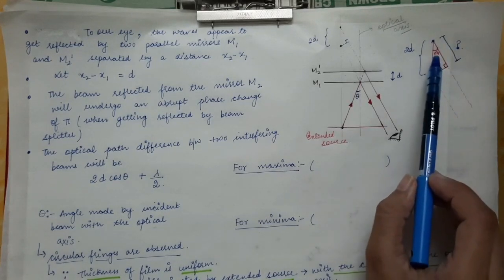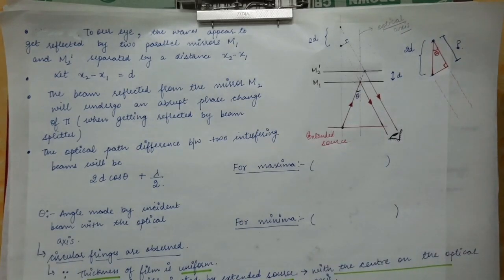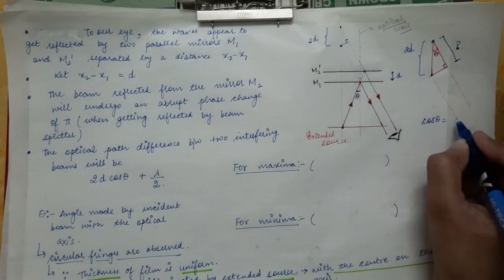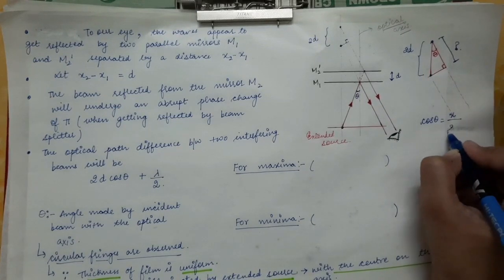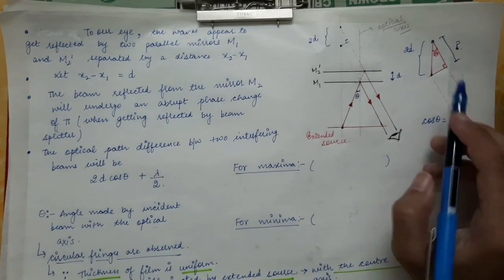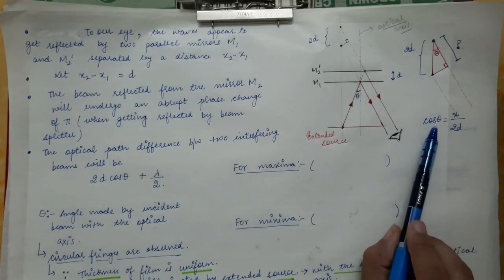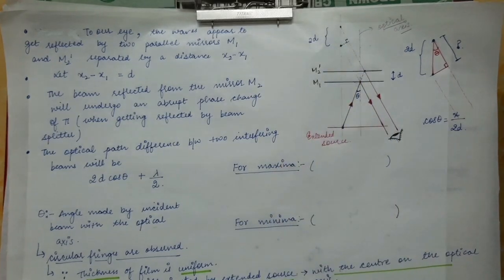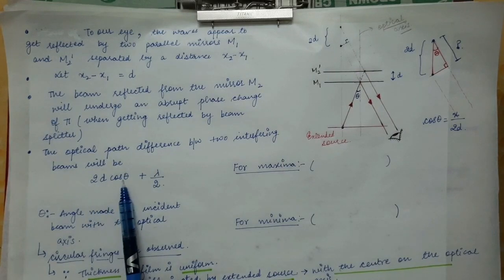In this triangle, we know the hypotenuse and we want to find the base, so we will use cos theta. Cos theta will be equal to the base, which is not known to us, divided by the hypotenuse, which is 2d. So x, the extra path, will be equal to 2d cos theta. So the extra path travelled by the second ray as compared to the first ray is equal to 2d cos theta.